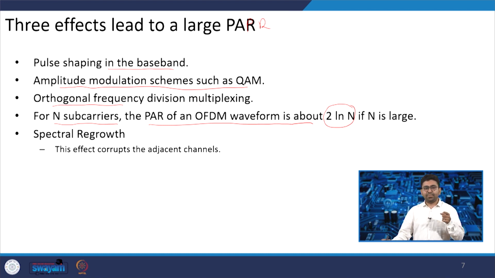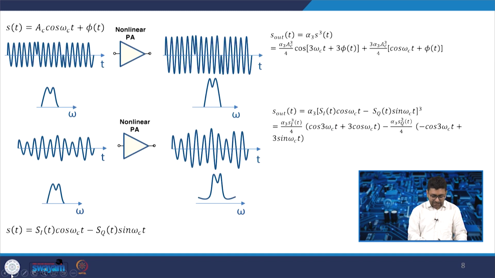There is another problem when we are using OFDM, that is spectral regrowth. This effect also corrupts the adjacent channels. So we will see how the spectral regrowth happens here. Let us say you have a signal s(t) which is A_c cos(omega_c t + phi(t)).